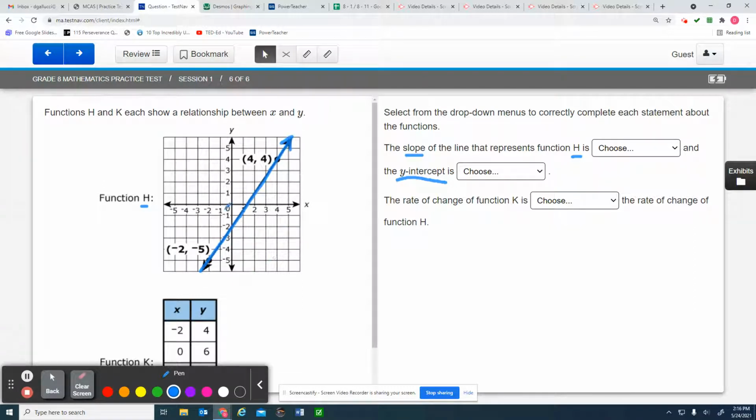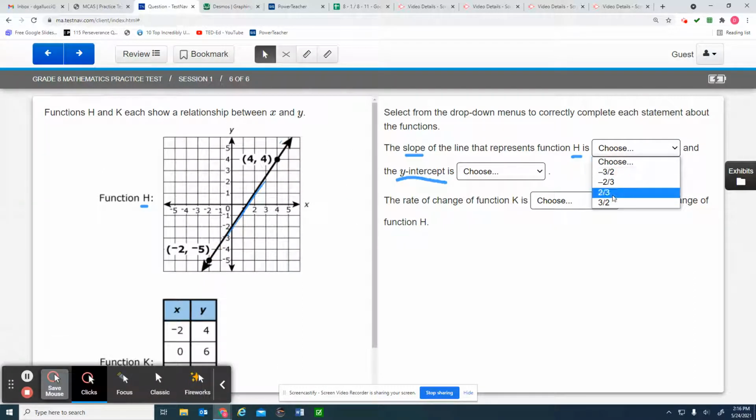Up and to the right would mean that there's going to be a positive slope. So even if I don't know which 2 of these are right, I have a 50-50 chance. I know it's a positive slope. So let's calculate that slope.